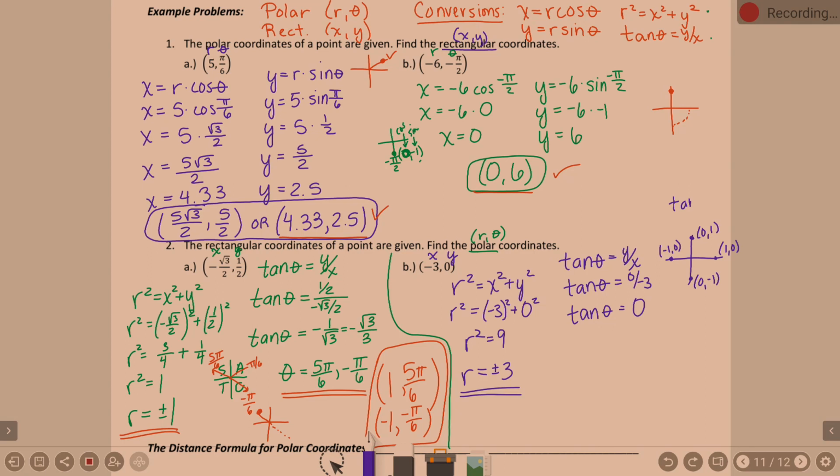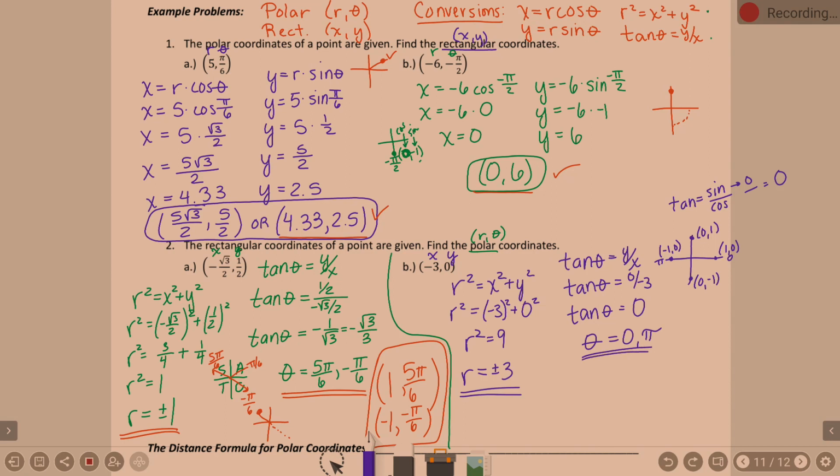And so if tangent is sine over cosine, then we're looking for sine to equal 0, because 0 over anything is going to be 0. So with that in mind, where is sine 0? Sine is going to be 0 both at 0 and pi. So that means tangent is 0 at 0 and pi.